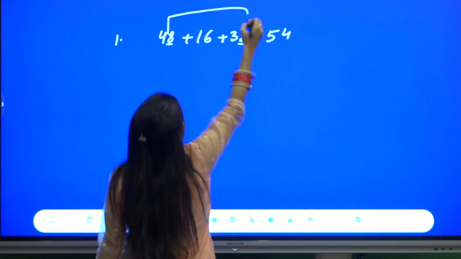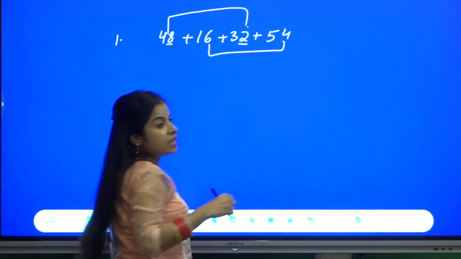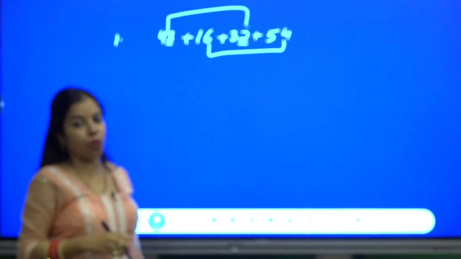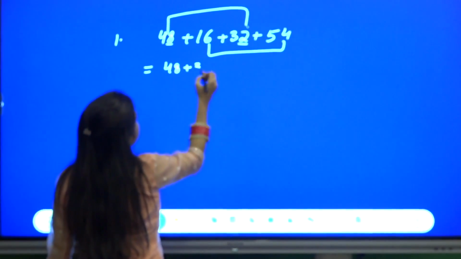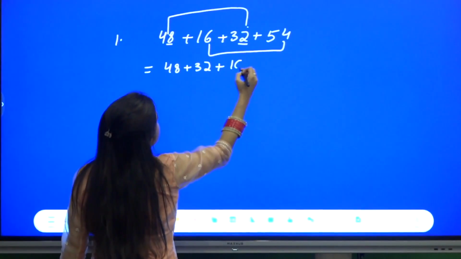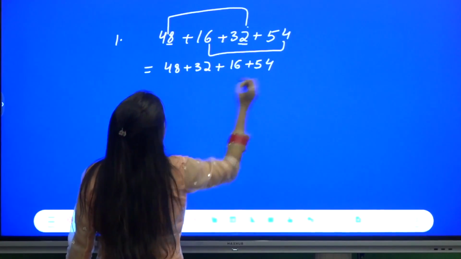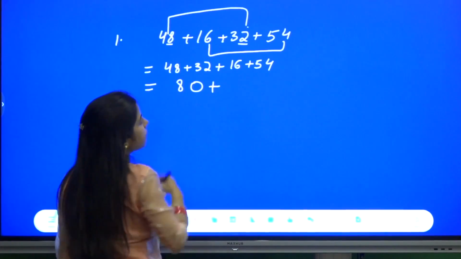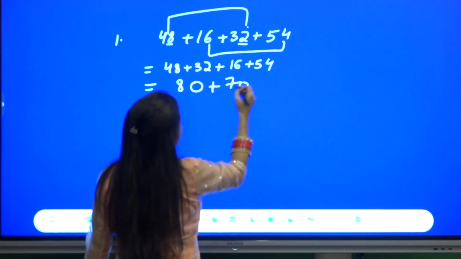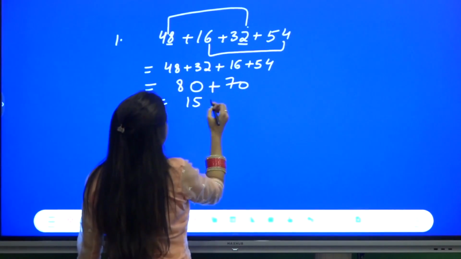So, I am going to club these numbers and perform addition. 48 plus 32 plus 16 plus 54. So, this will become 80 plus 70, which is 150.